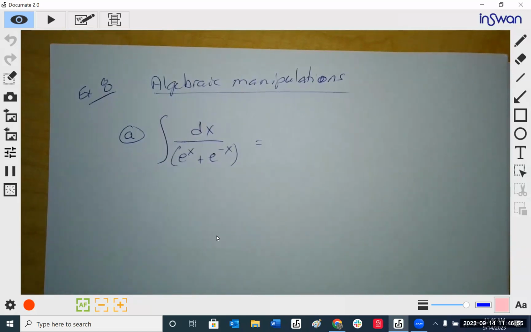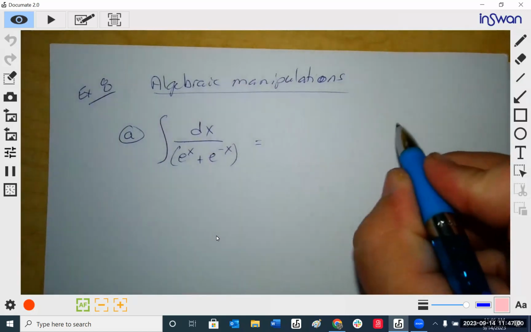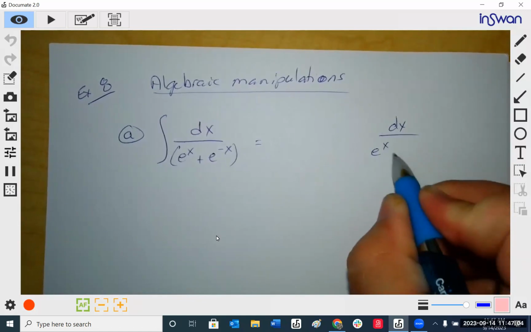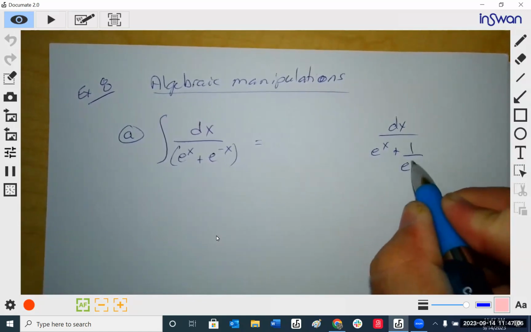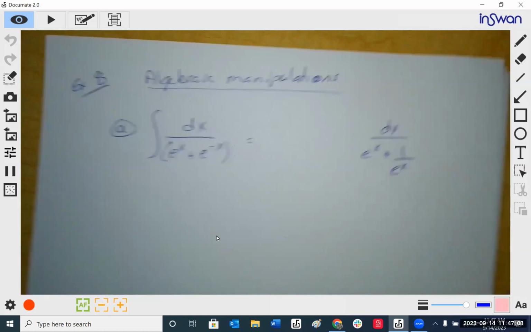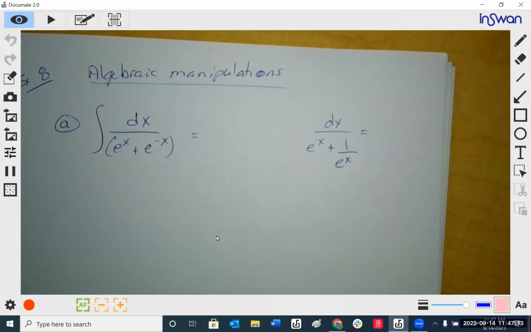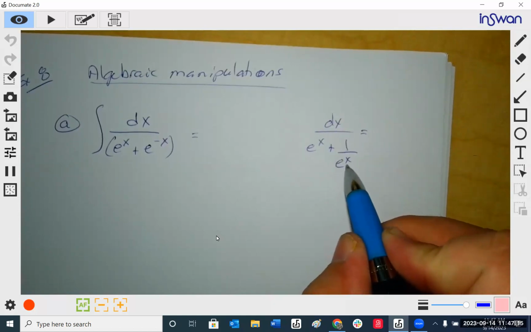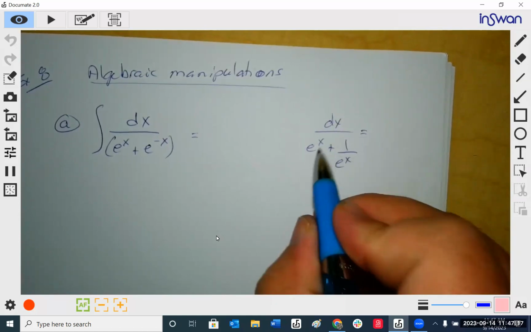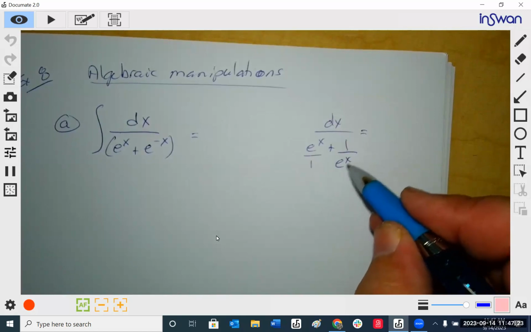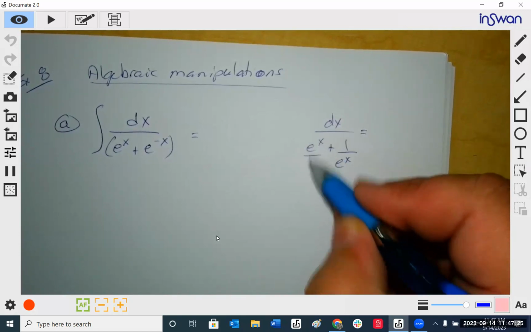Let's try that. We have dx over, on the bottom, e^x plus 1 over e to the power x. In order to do that, we have to get common denominators, right? In order to add the bottom ones. The denominator is e to the power x. So what do we have to do to this one?